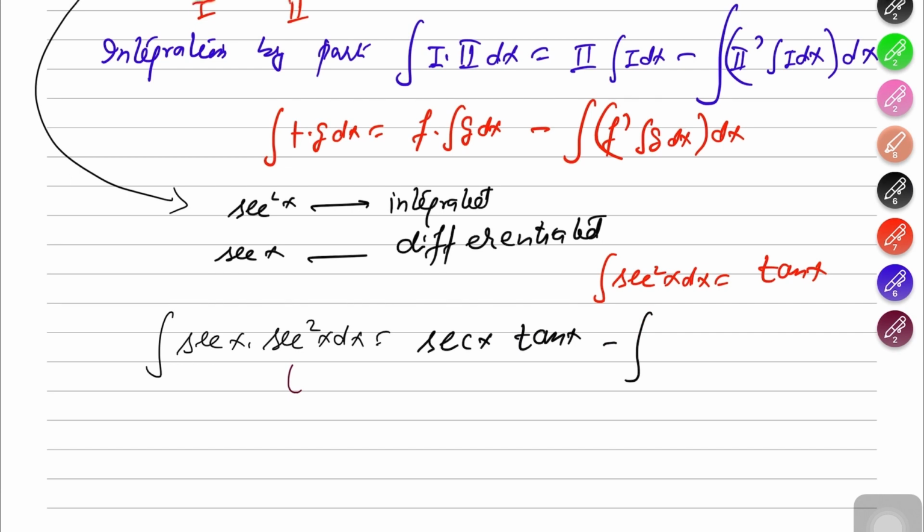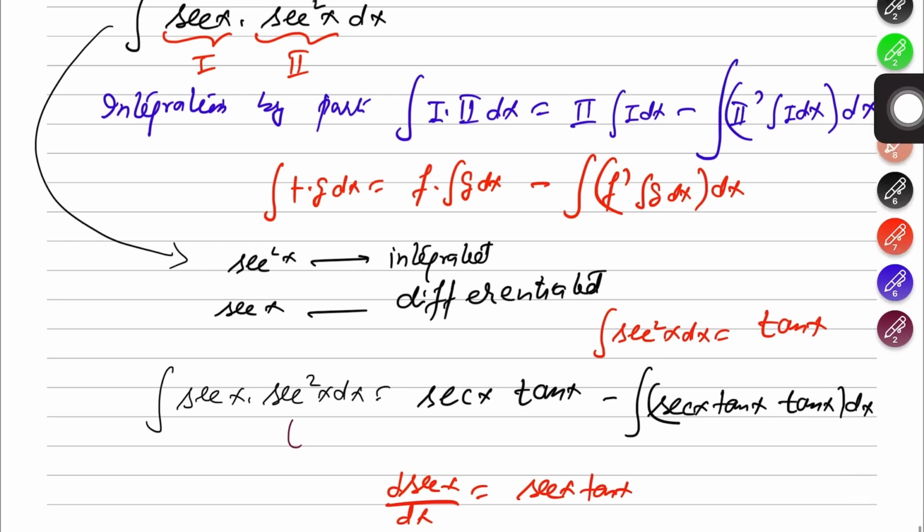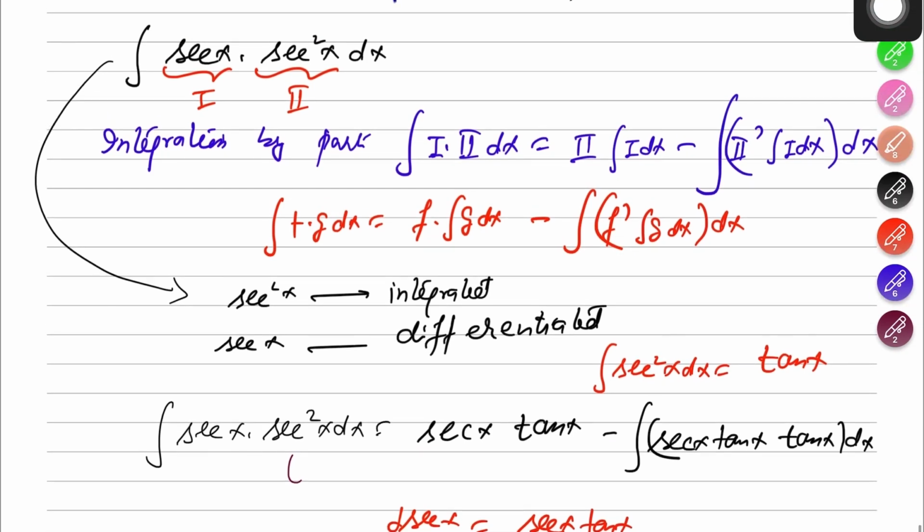If we differentiate sec x, that becomes sec x tan x. We know that the differentiation of sec x is sec x tan x, and the function which is integrated is tan x, and the whole is integrated.